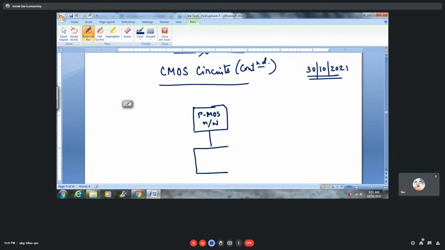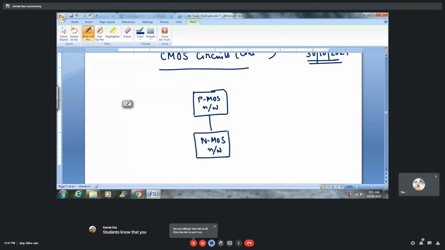The PMOS network is connected with the biasing potential, also termed the pull-up network, whereas the NMOS network is connected to ground, also termed the pull-down network.